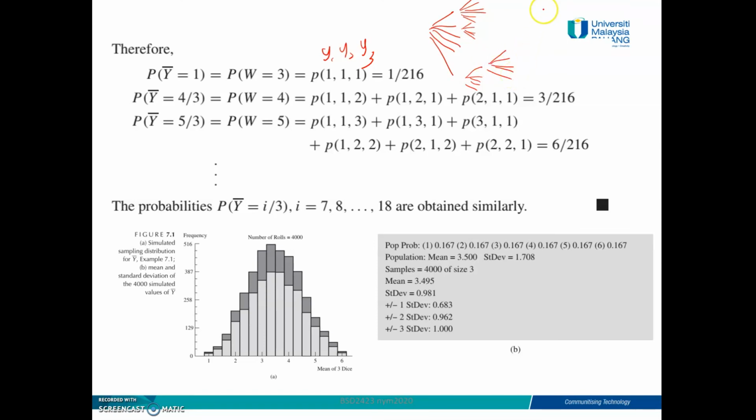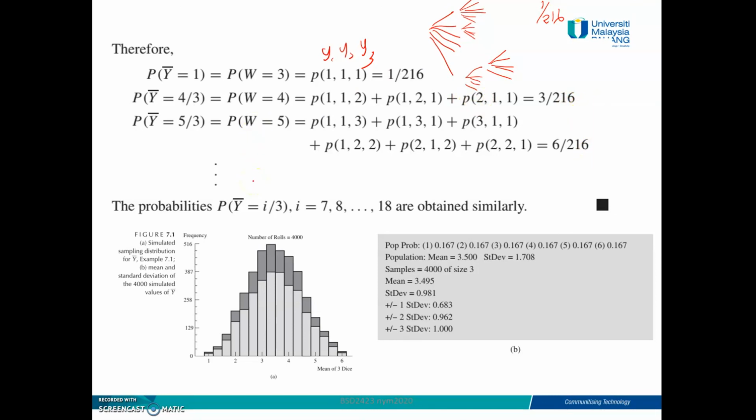That's why the total here is 1 over 216 for each. So if you have 1, 1, 1, it is 1 over 216. And then if you have 1, 1, 2, or 1, 2, 1, these are all the possible outcomes, so you will get this value.